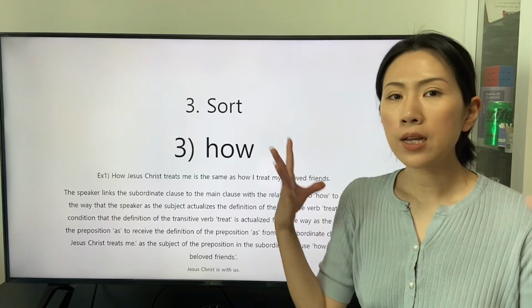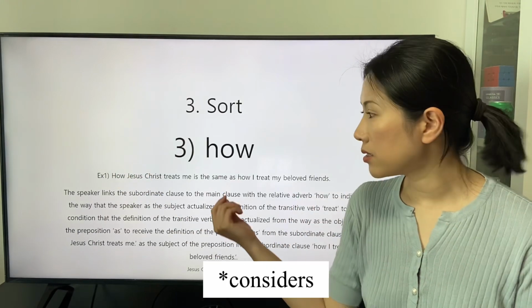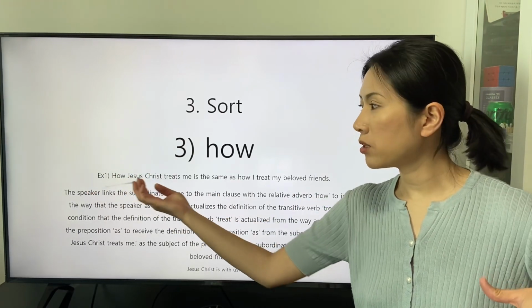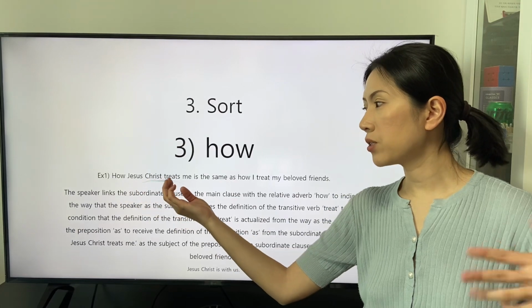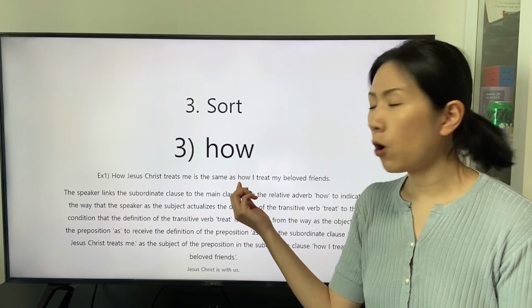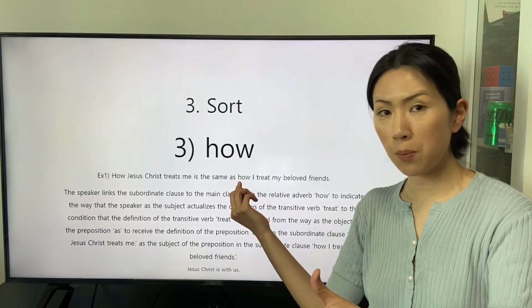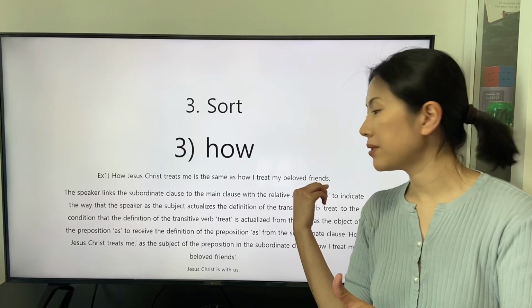The speaker who states the sentence, the subordinate clause, how Jesus Christ treats me, with the object of the preposition as, that is the other subordinate clause, how I treat my beloved friend.